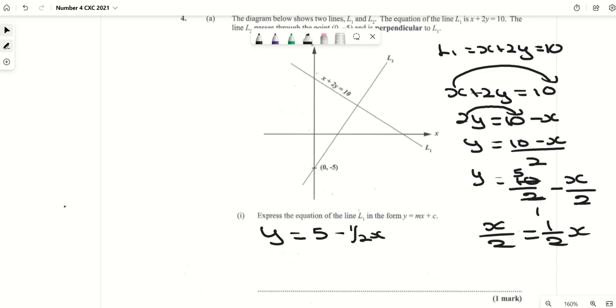In this form, y is equal to minus a half x plus 5. This is the form y equals mx plus c for L1.